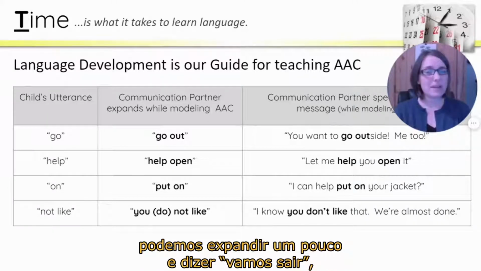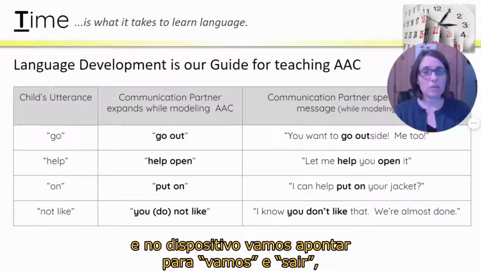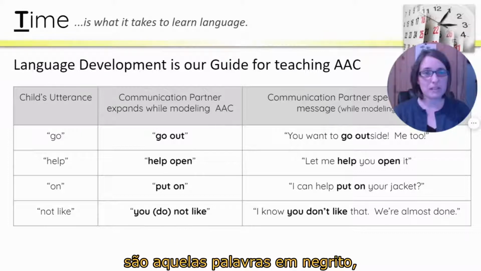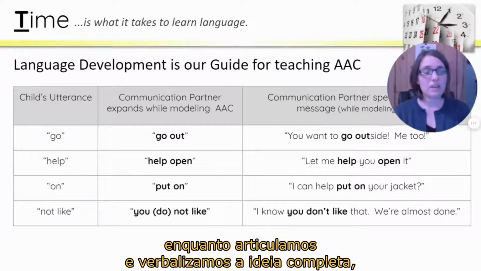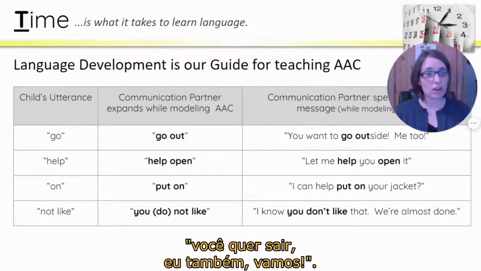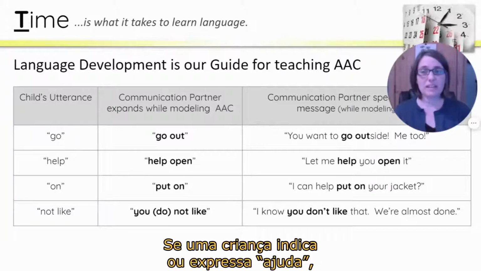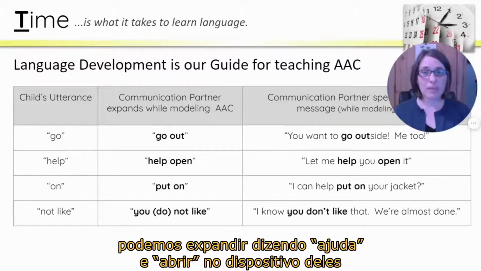We might expand it a little and say go out. And so on their device, we'll point to go out. Those are the bold words, while we articulate verbally the full idea. You want to go outside. Me too. Let's go.